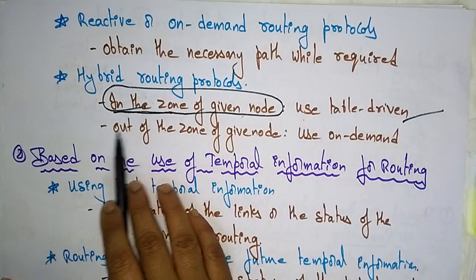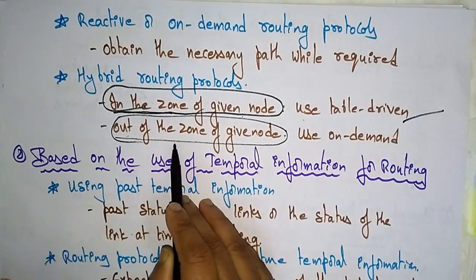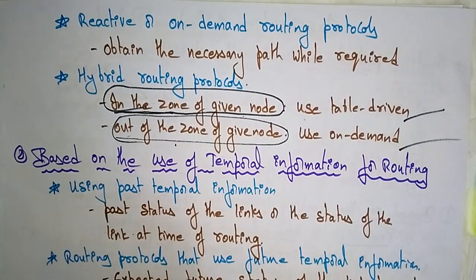Suppose the routing is out of the zone of the given node, then use on demand. So the hybrid routing protocol is a combination of table driven and on demand.